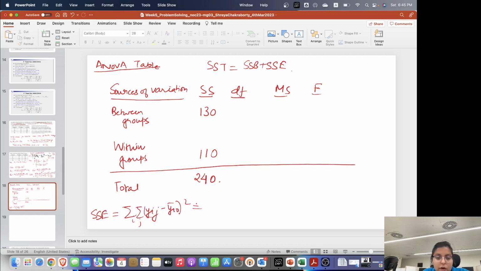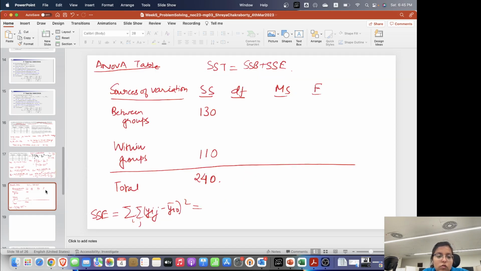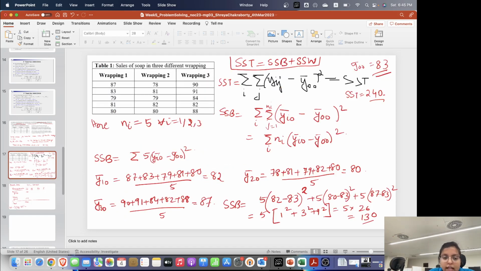So for this example, if I have to find SSE, then it will be 87 minus 82 whole square plus 83 minus 82 whole square plus 79 minus 82 whole square plus 81 minus 82 whole square plus 80 minus 82 whole square.